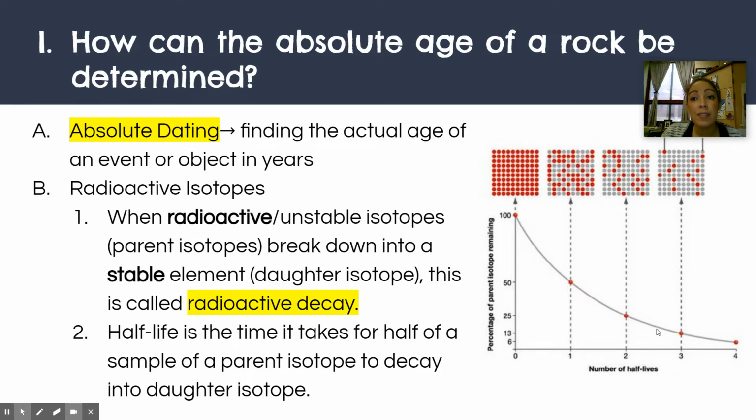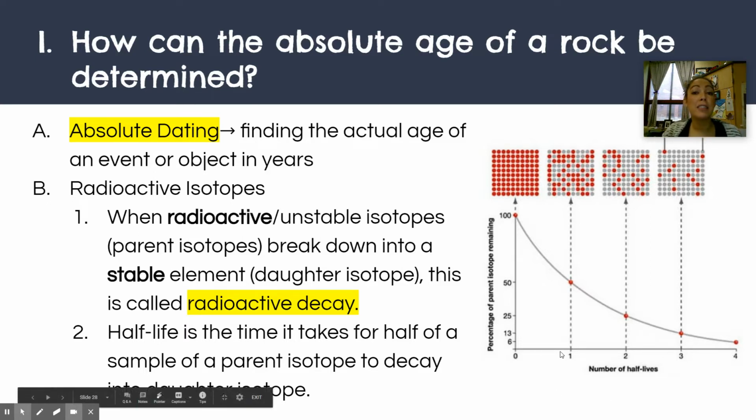After another half-life, I have broken down again in half. So my 25% radioactive turns into 12.5% radioactive parent isotope, while now 87.5% of my rock is stable daughter.